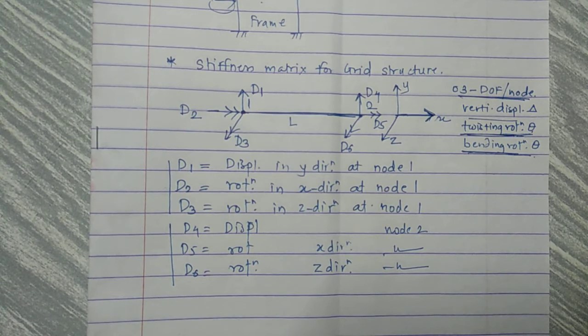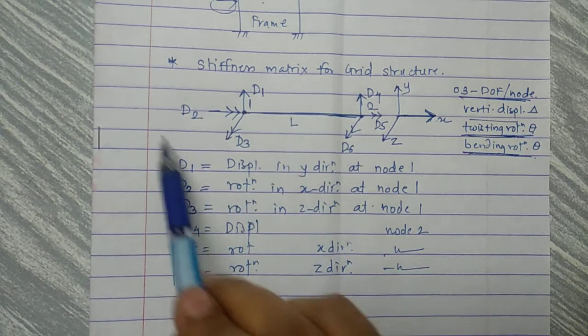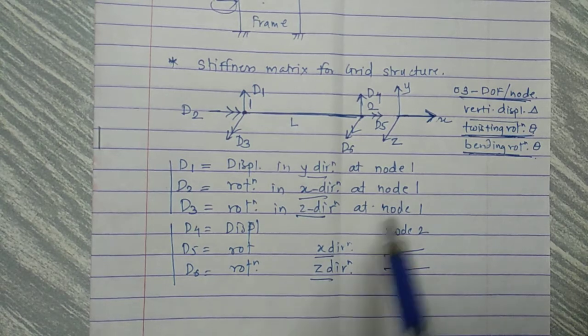Okay, now this is the first step, that is to define these 6 degrees of freedom in their proper direction at the respective node number.